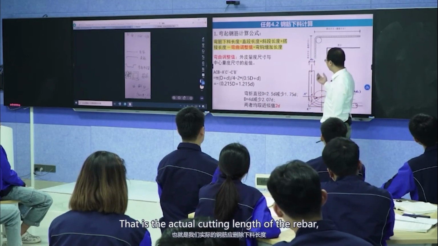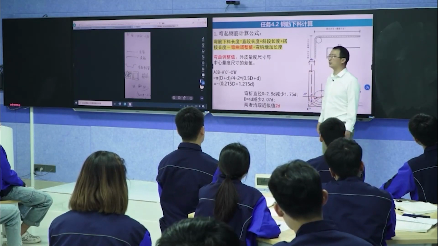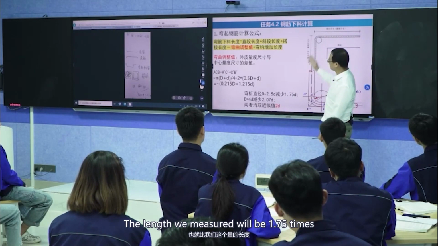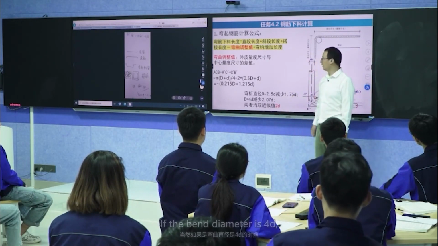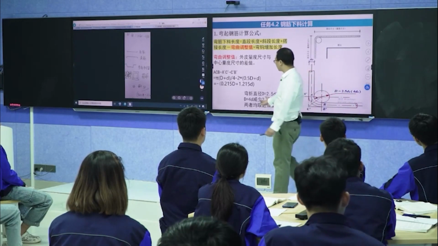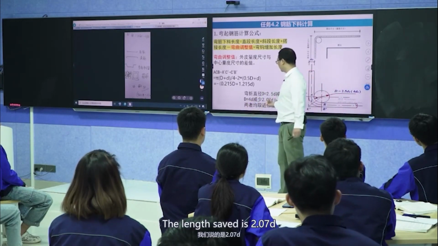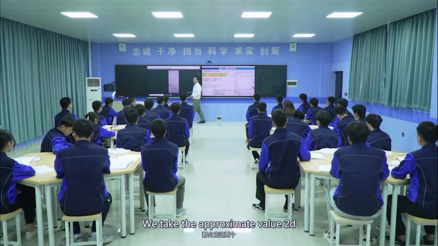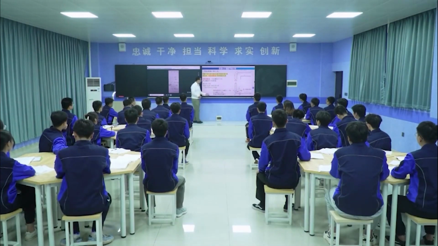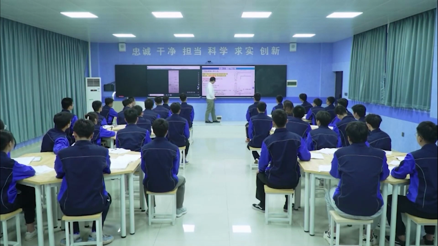The actual cutting length of the rebar will be 1.75d less than the length we measured. If the bend diameter is 4d, the length saved is 2.07d. We take the approximate value 2d for these two lengths.